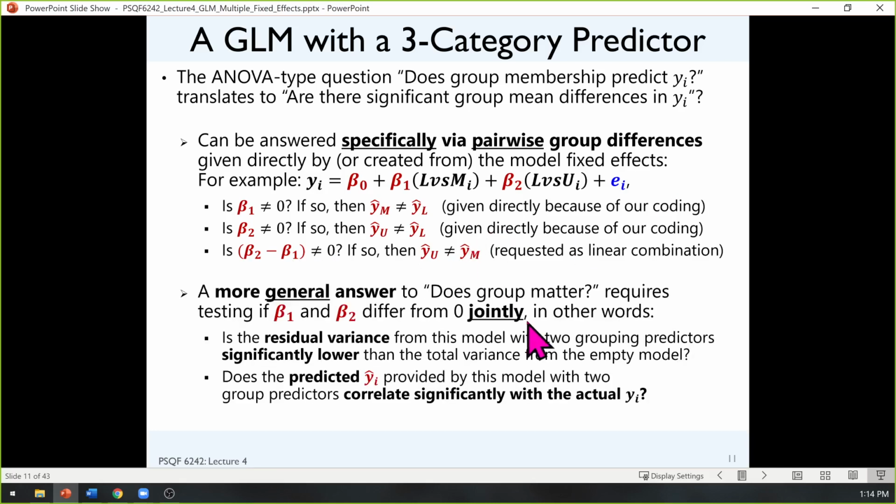But we want to be able to answer the question of how good the model does across these two slopes and the third that's implied as a linear combination. Another way of saying it is, does the y hat that ends up being predicted by this combination of three fixed effects, the fixed intercept beta 0 and the two fixed slopes, significantly correlate with the real y?